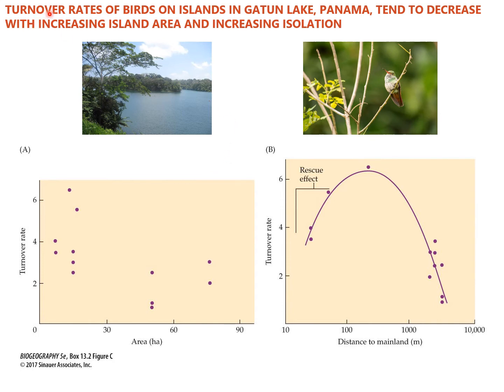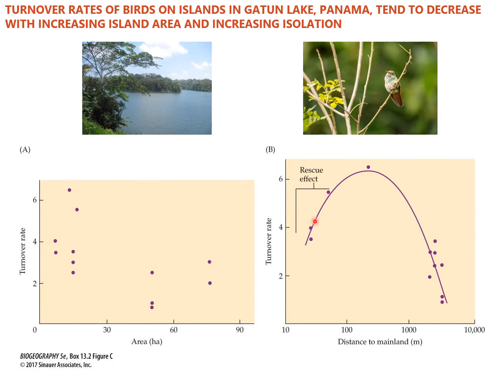So here we're looking at the turnover rates of birds on islands in Gatun Lake in Panama. And we see that it tends to decrease with increasing island area and increasing isolation. So remember, the turnover rate is basically new species showing up to replace species going extinct. We see the turnover rate decreases with increasing area, and a similar sort of thing going on with isolation here.